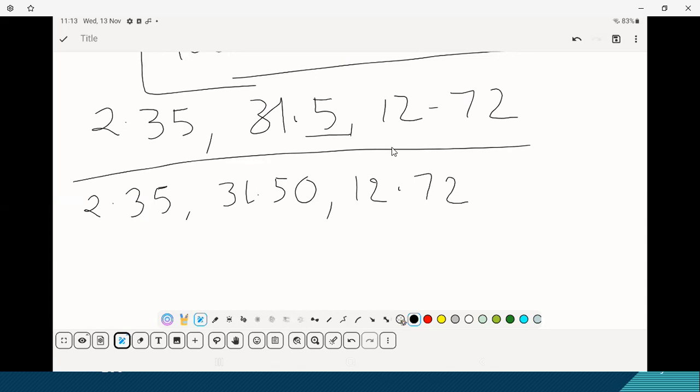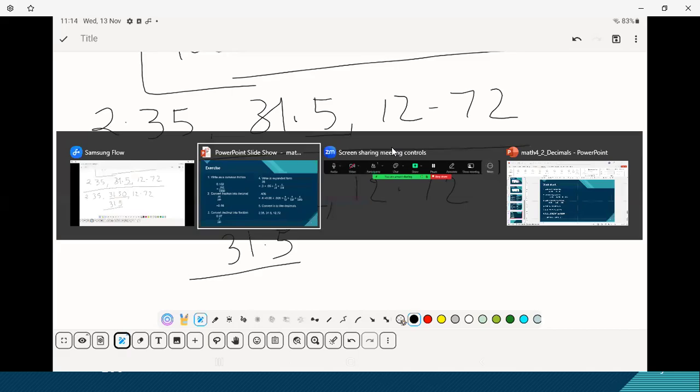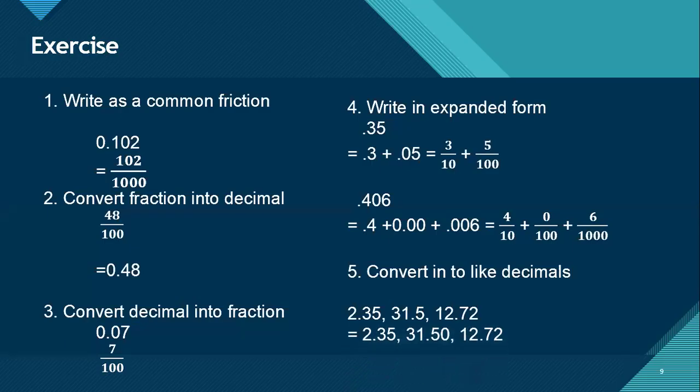So 31.5 is equal to 31.50. This is a simple rule. A 0 after the last digit has no effect. Similarly, for a whole number, a 0 after the digits changes the meaning, and before them there is no change in meaning. So in decimals, this is the only difference; otherwise it's almost the same. Okay, let's move to the next slide.